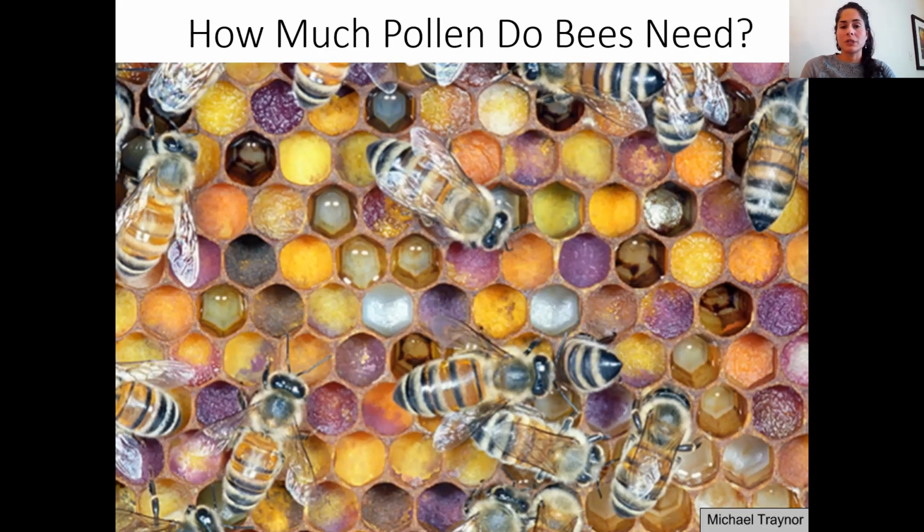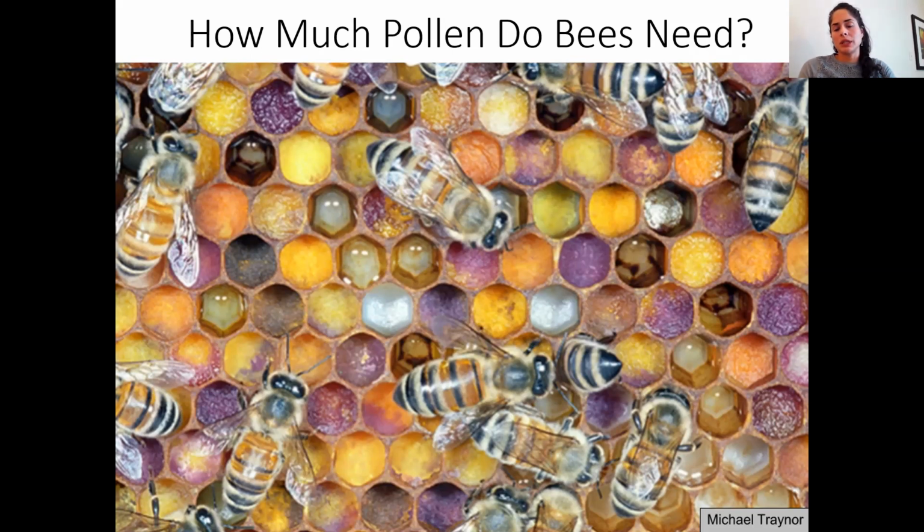It's very important. This pollen has macro and micronutrients, which are very important for the bees. Different pollen carries different nutrients from different plants, and bees need all of these. So they need a very diverse food, not just one single source.